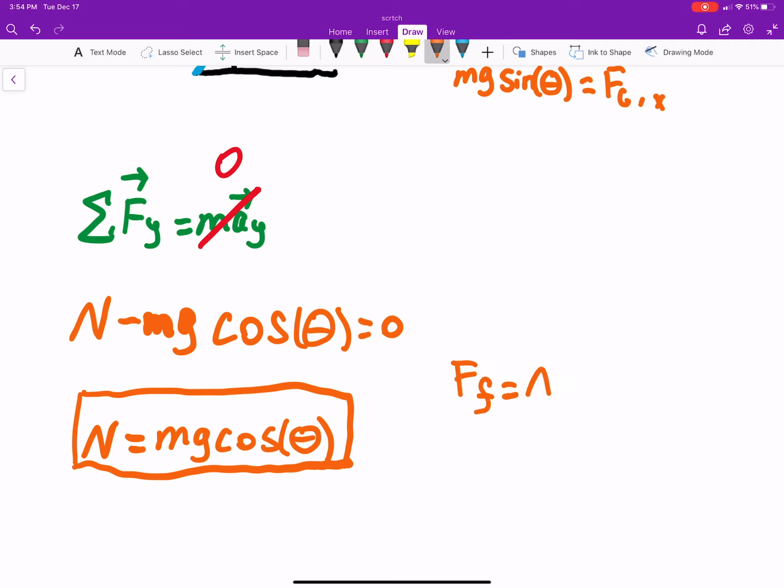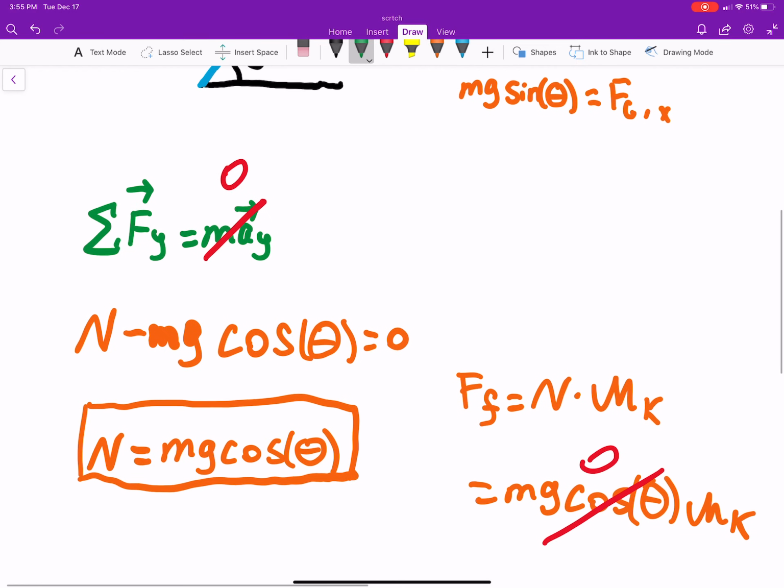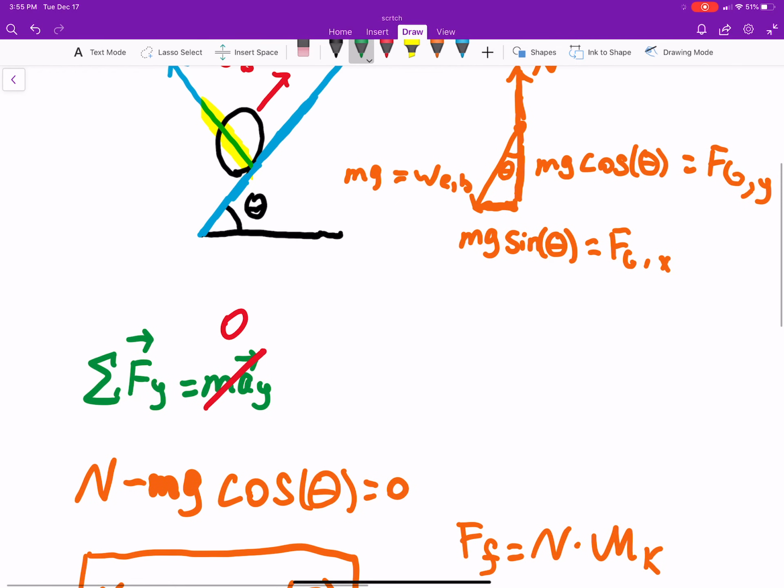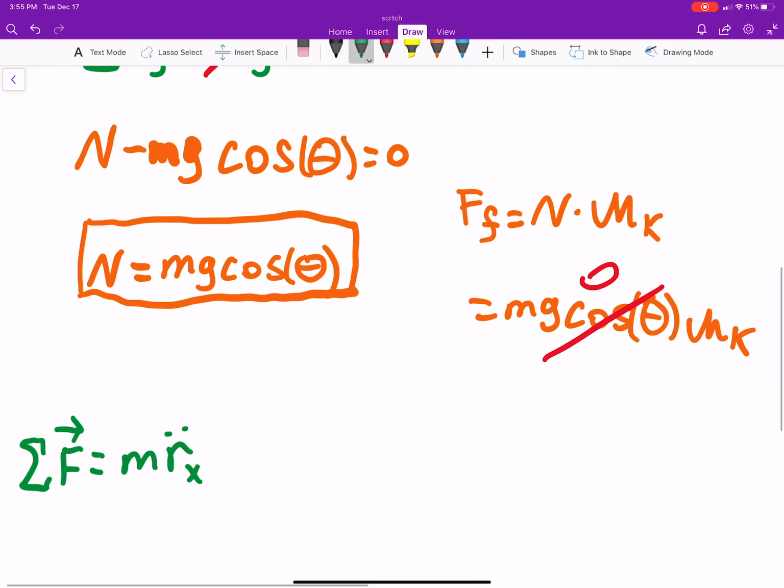Now, this was more like we would do in Physics 1. However, in mechanics, instead of acceleration, we would say our force is equal to mass times the second time derivative of position. So what force is in the x direction? Really just the component of gravity, which is mg sine theta.